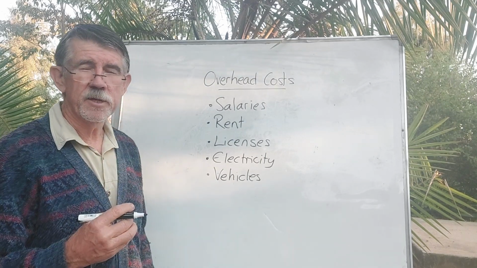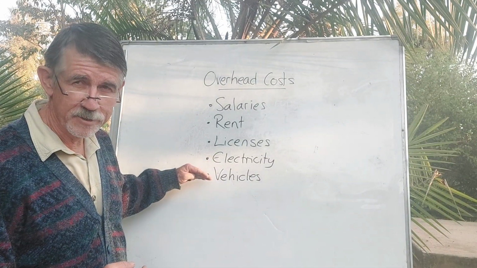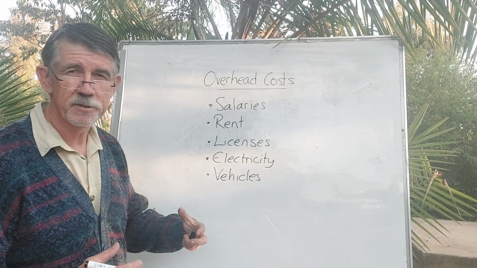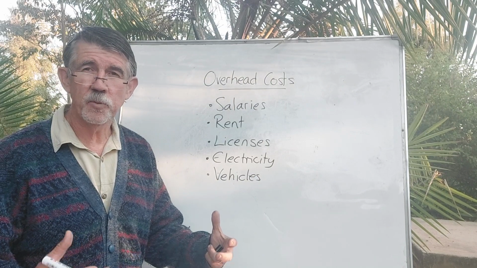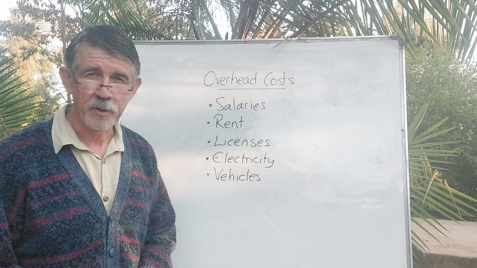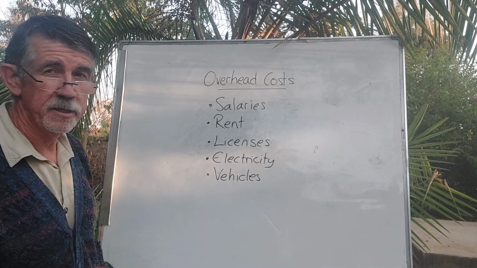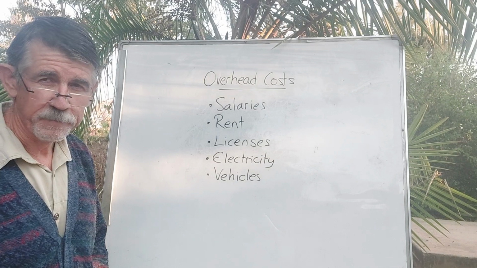And like I said in one of the previous episodes, if any one of these costs is not contributing to the wealth of your farm, why are you spending money on them? So these are your overhead costs, which we need to budget for.